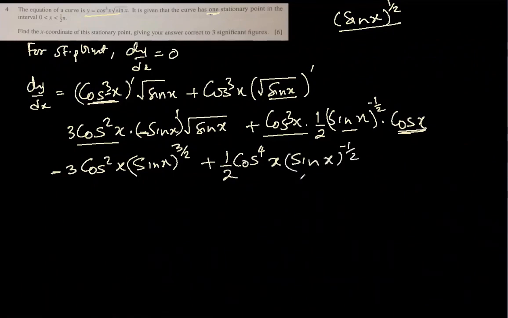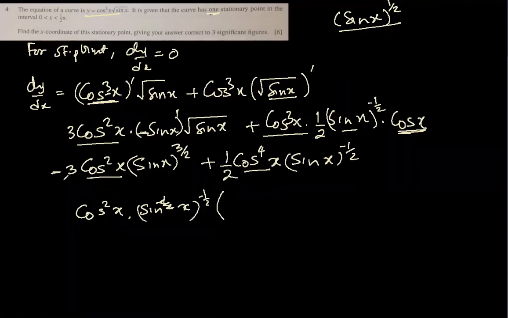So let's take the smaller of the two common, cos square, cos 4. So cos square comes as a common part. Sin to the power 3 over 2, sin to the power minus half. Let's not write it here, right outside. This is common. Now what is left in here? Minus 3. Okay, then this is greater than this by how much? 3 by 2 minus half, which is adding 2.